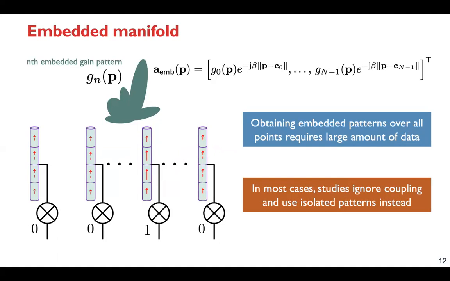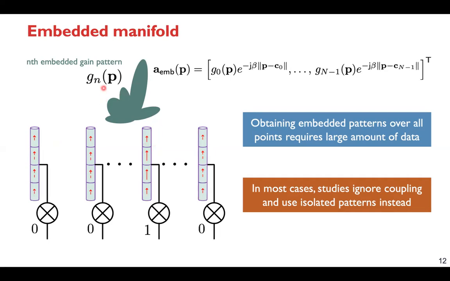Now, another approach that we could use to characterize the array is something known as the embedded manifold. And this is a direct extension of the isotropic manifold, where we're now allowing each of the antennas to have different gain patterns. And the reason why this is important is because from mutual coupling, we'll actually observe different gain patterns from each of these antenna elements just from the presence of other elements in the array.